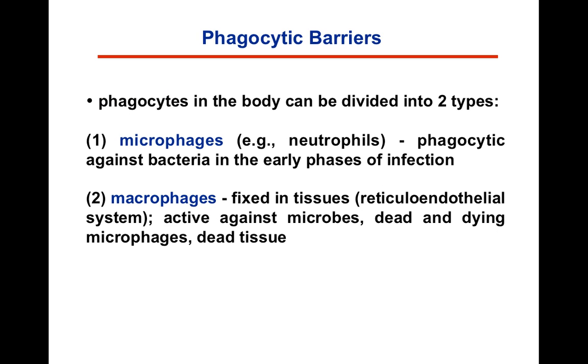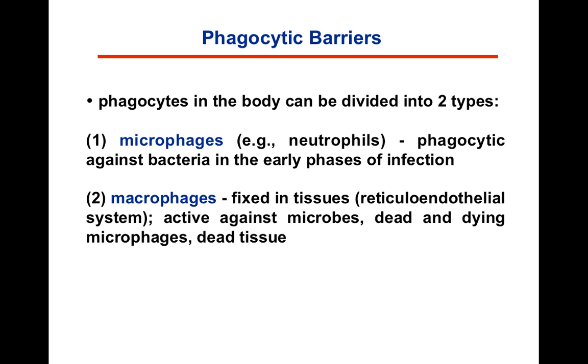In the tissues, there are microphages and macrophages. They're similar to neutrophils, and the macrophages are active against the early stages of infection. Macrophages are fixed in tissues. They're part of what is called the reticuloendothelial system, or the RES system.